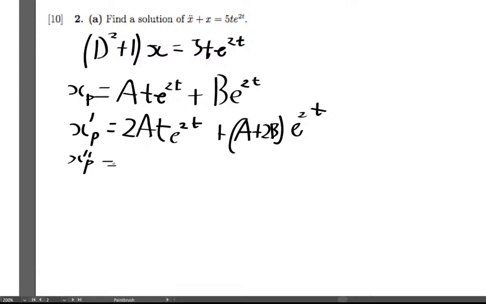Add this to (2a plus 4b) e to the power of 2t. And so what you'll get in total is 4a t e to the power of 2t plus (4a plus 4b) e to the power of 2t.